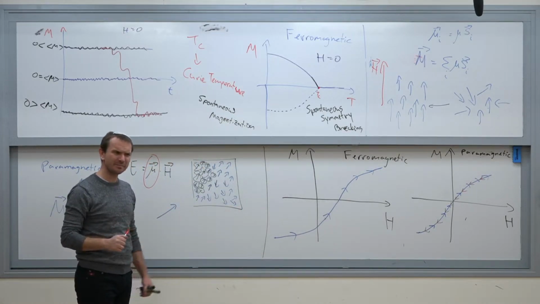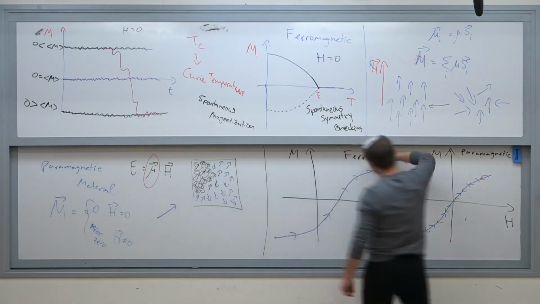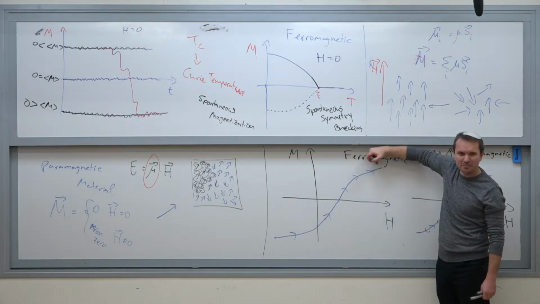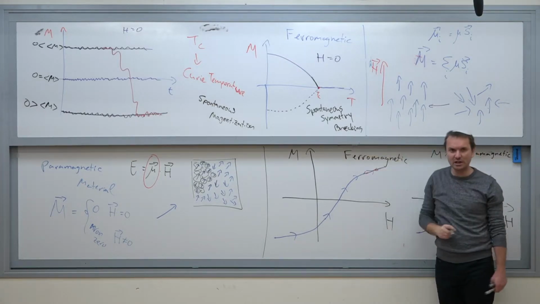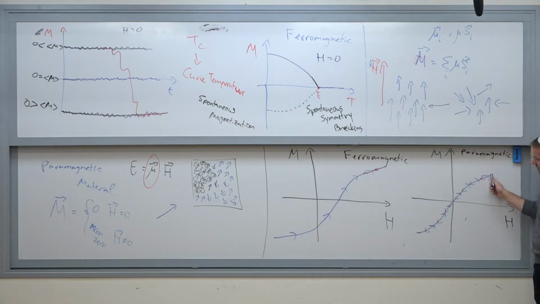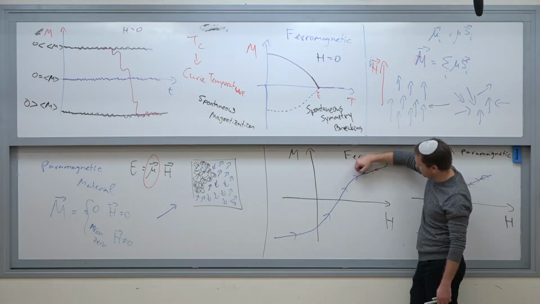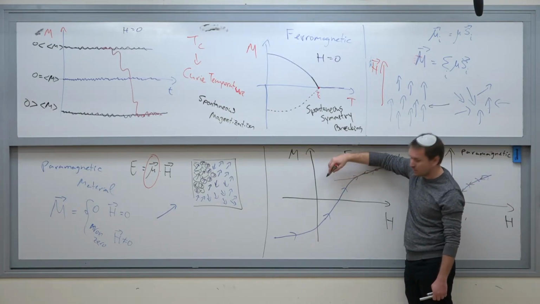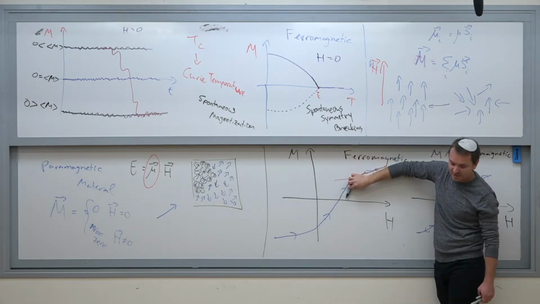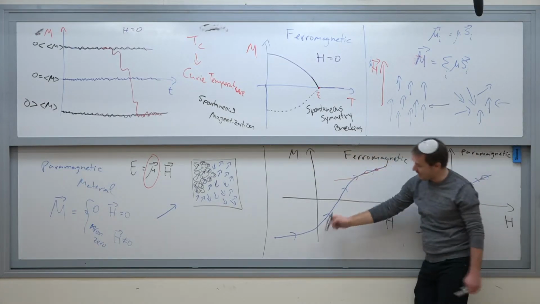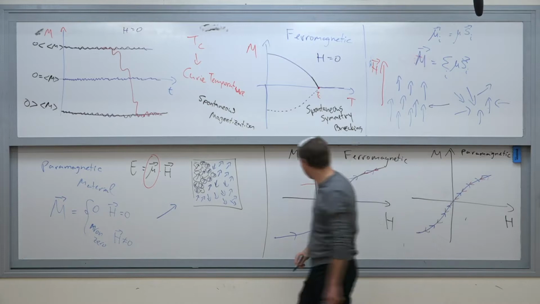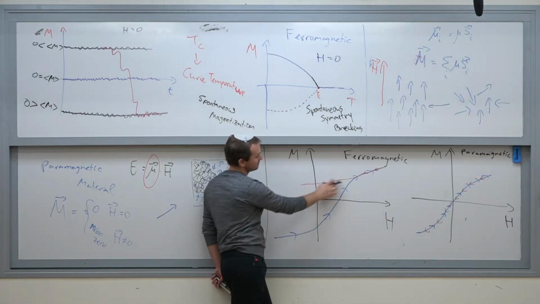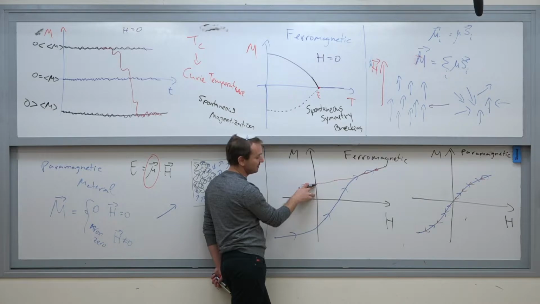What happens if I'm now starting from here and I'm decreasing my magnetic field? First, I would see exactly the same behavior as I've seen here. I'm going in the opposite direction on the same curve. But something interesting will start to happen. Because eventually, I will get separated from the going-up curve, and my going-down curve would cross the magnetization at a positive place.